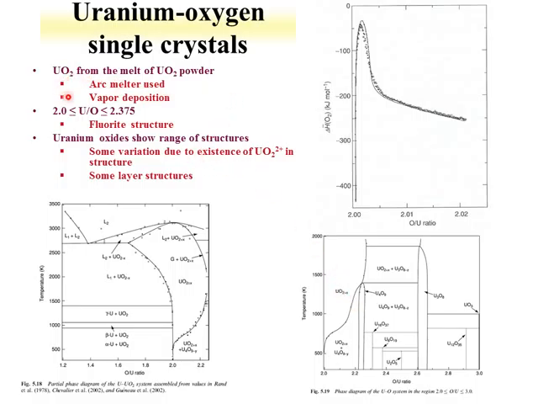One of the things that comes out of this is that there's a way to tune the oxygen to uranium ratio. As we see here, we have UO2 plus X or UO2 minus X. So for nuclear fuels, we can actually tune the ratio of oxygen to uranium.